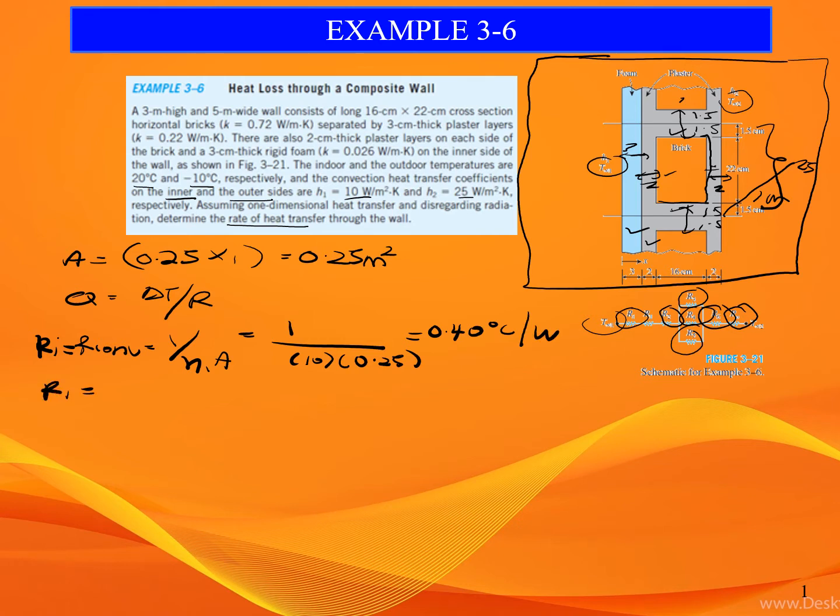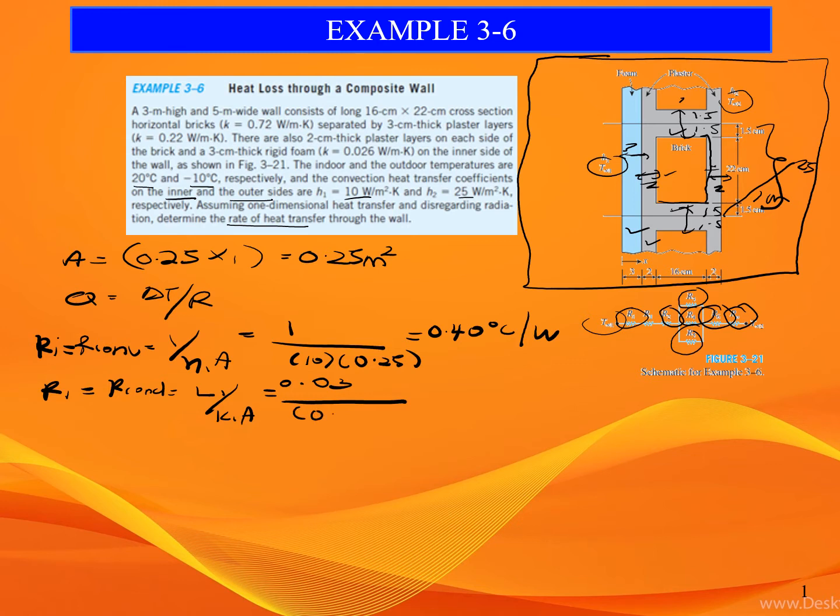Next R1. R1 is the foam, conduction. So L1 over K1A. L1, the thickness, would be 3 cm, right? So 3 cm converted to meter becomes 0.03, over K1.